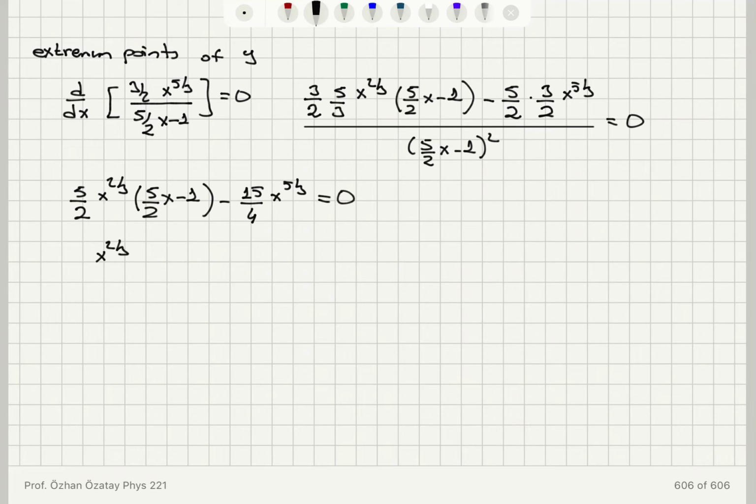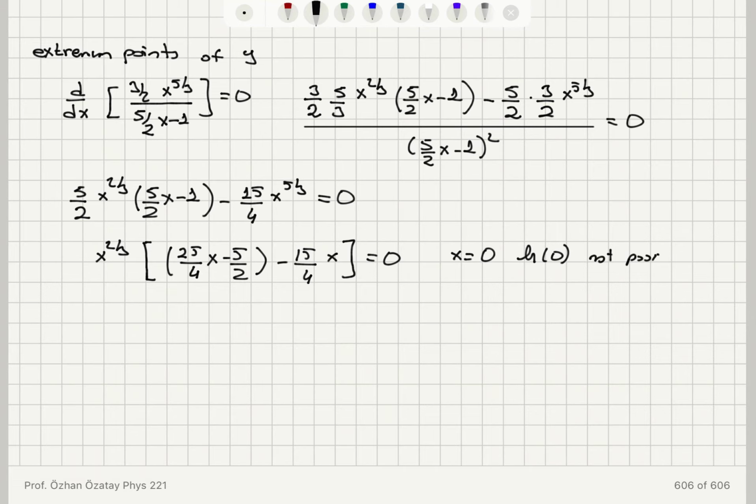In x to the power 2 over 3 parentheses, I have 25 over 4 x minus 5 over 2 minus 15 over 4 x is equal to 0. So if I have x equals 0, then I would have natural logarithm of 0.